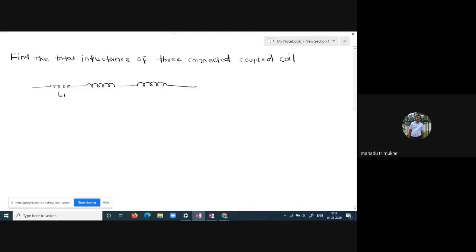That is L1, L2, L3, current is I1, M12, M23, M13.